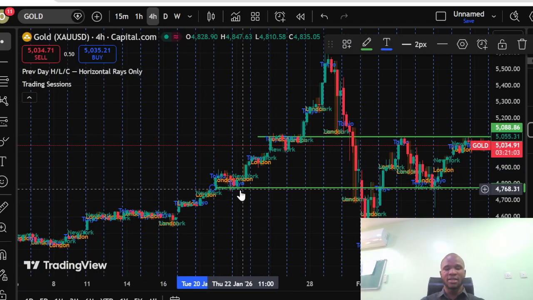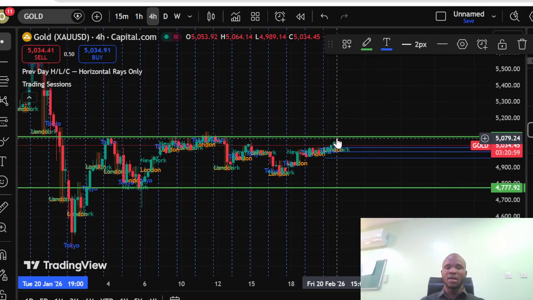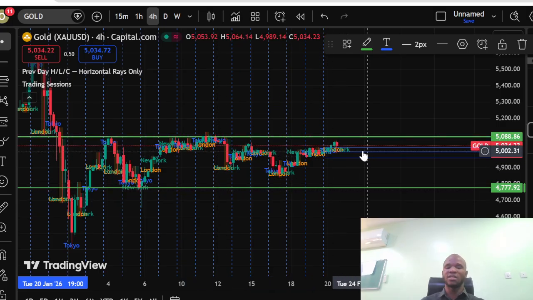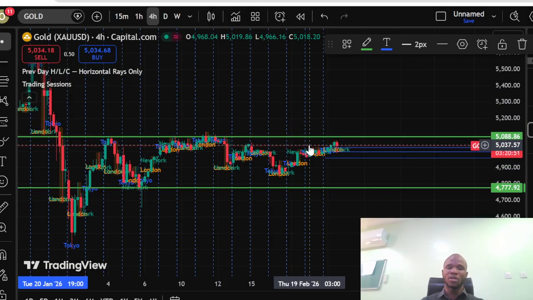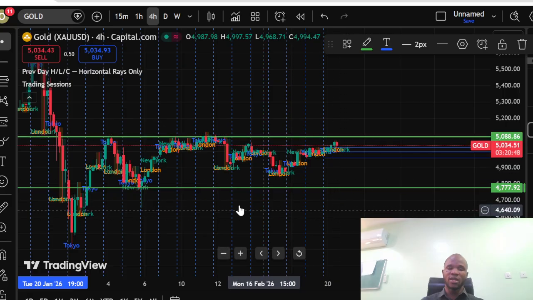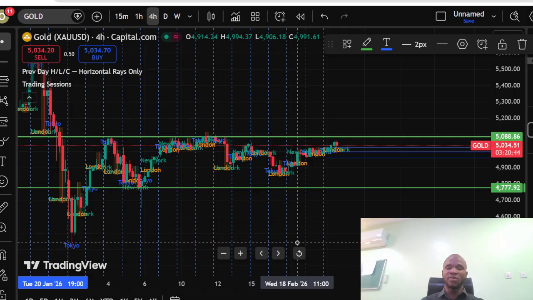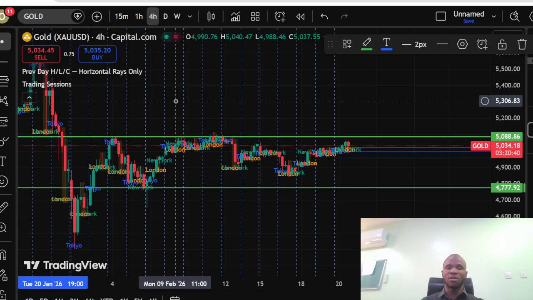You see price tested here before bouncing up, tested here, bounced up. So here should be your ideal resistance level, because price is just playing around this box. You get one, two, you test it again, that's the third one. The concept is that when price gets to the resistance level, sellers will push it down back to the nearest support level.